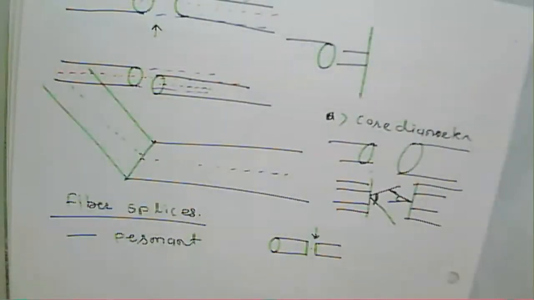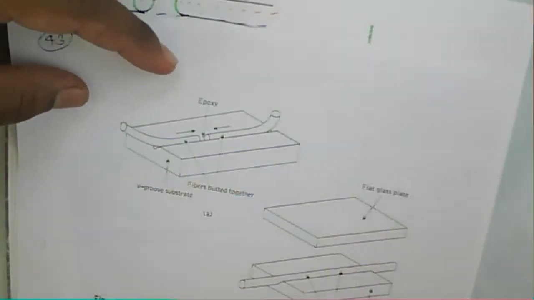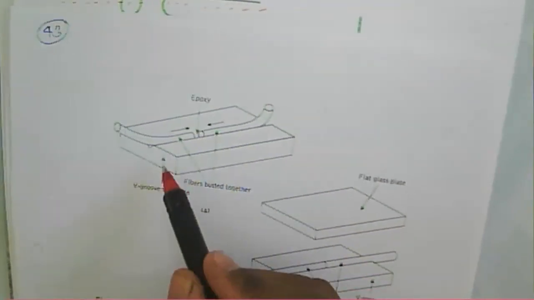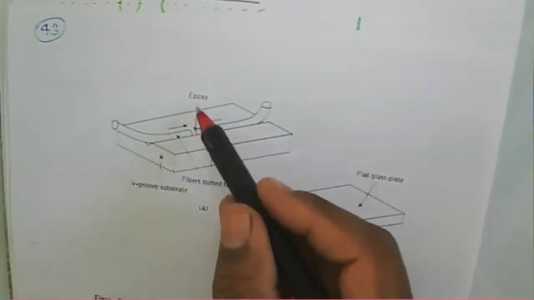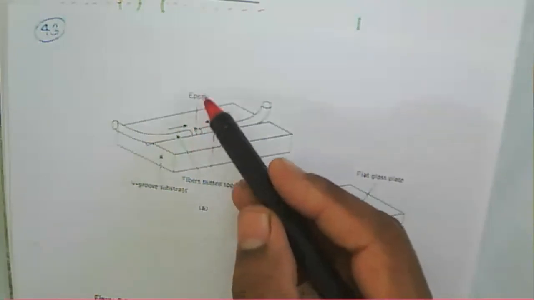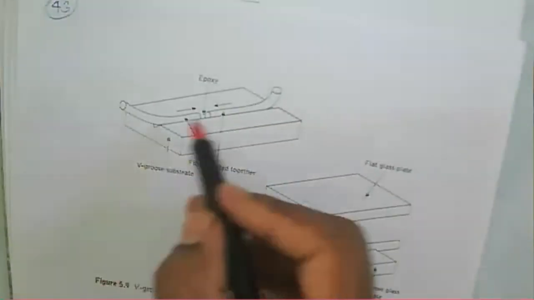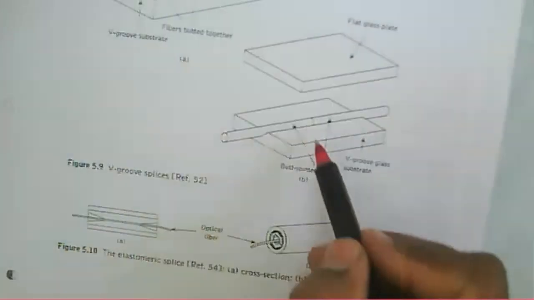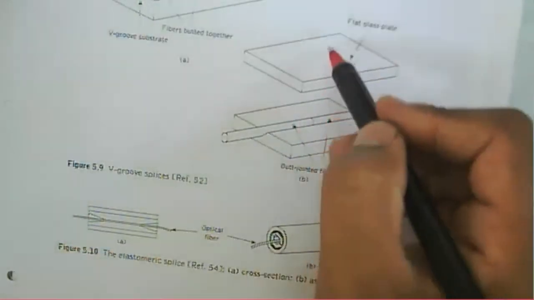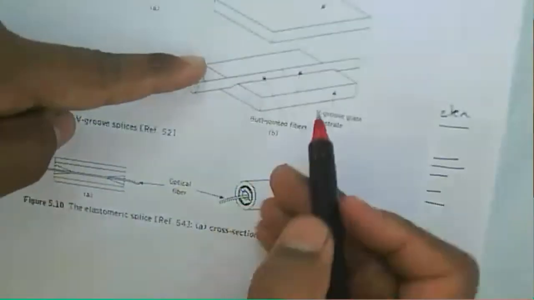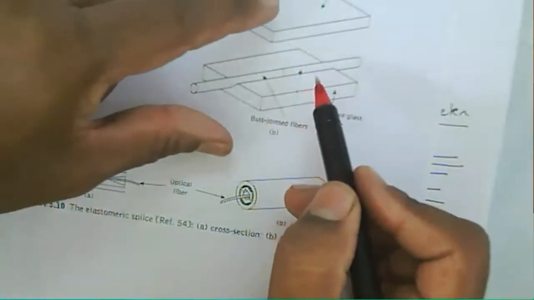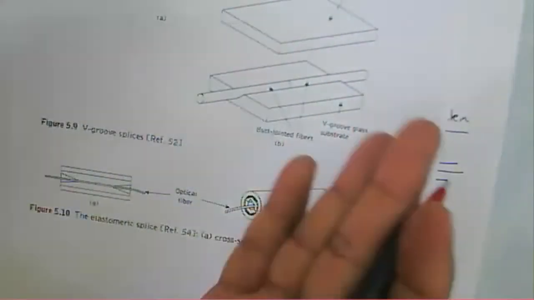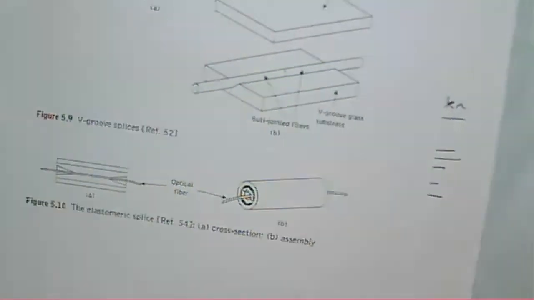So we can connect two fibers using a splicing technique, or we have another technique where we create a groove here and, using heating, connect the two fibers. Or we have an elastomeric fiber splicing technique, where we join two fibers, then connect the glass here, with a flat glass plate, and connect the fiber inside there.